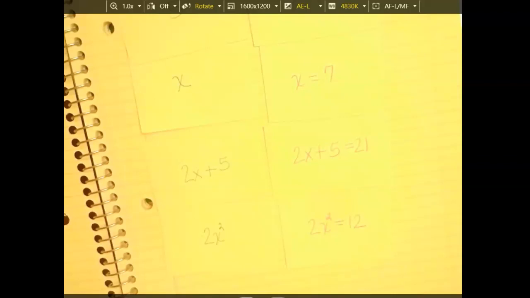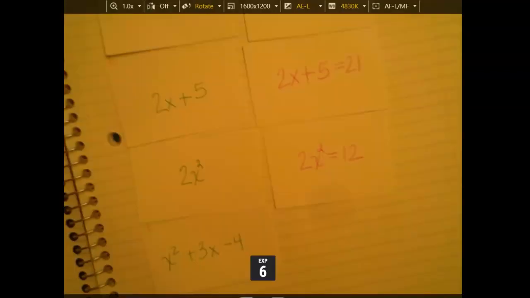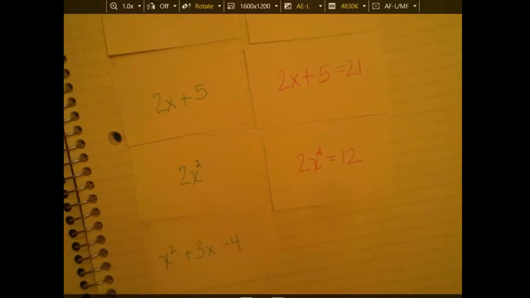I have x squared minus 3x minus 4. I'll make it a little darker. X squared plus 3x minus 4 is an expression. X squared plus 3x minus 4 equals 0 is an equation. I think I've lost one of my cards.